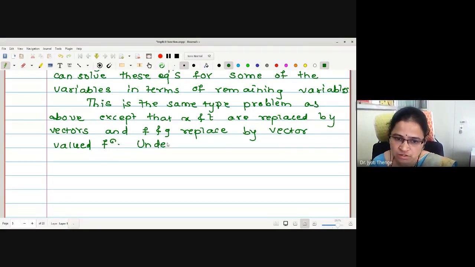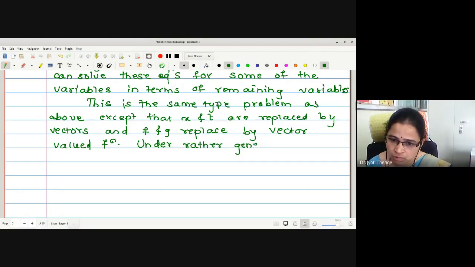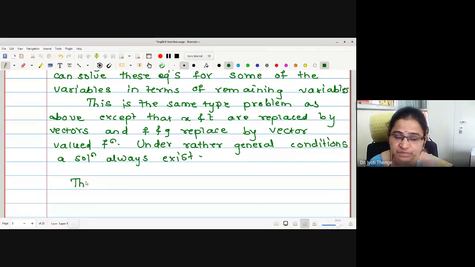Next, under other general conditions, the solution always exists. And in this unit, we are going to understand those conditions only. So whatever implicit function theorem we are going to study under this topic, this theorem gives us the solution.